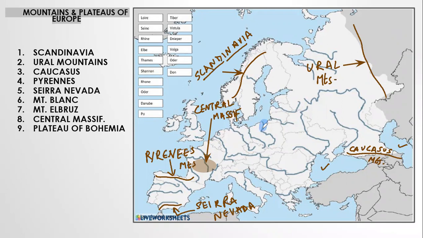This is the Vistula River, and this one is the River Oder. Just below these rivers is your Plateau of Bohemia. This is the Plateau of Bohemia.